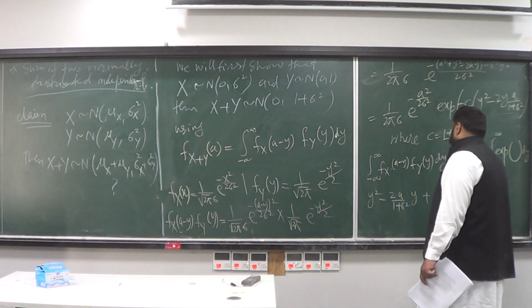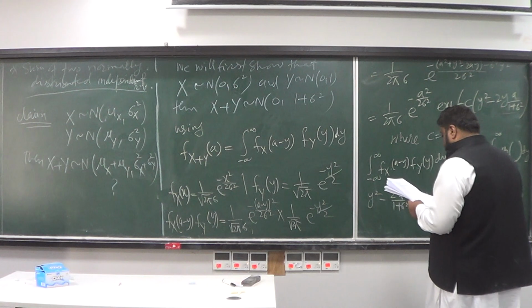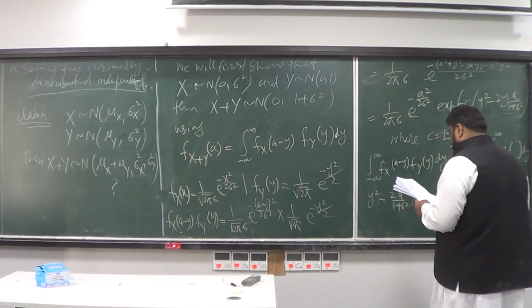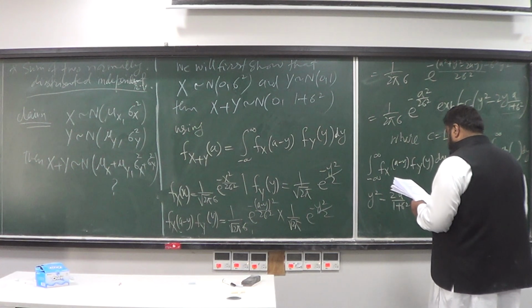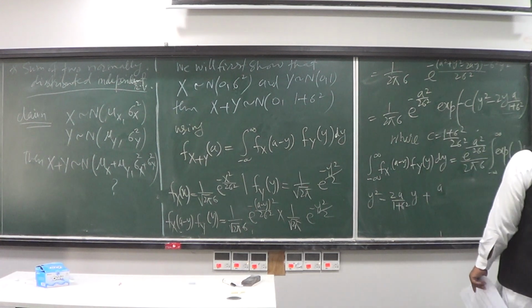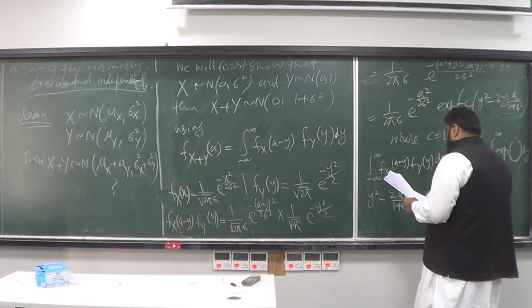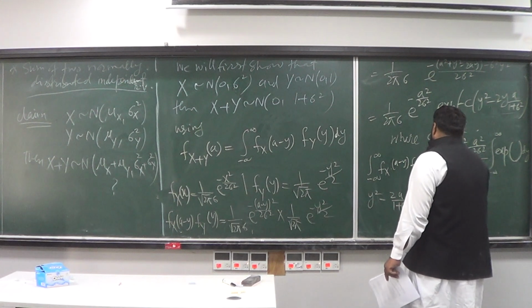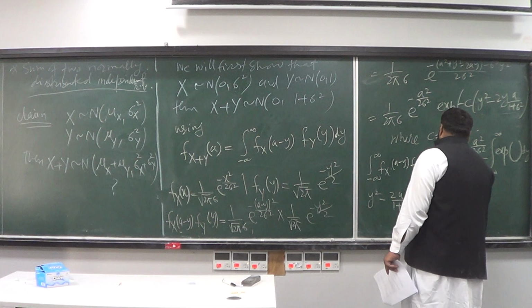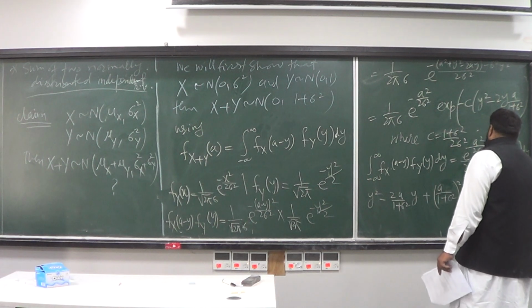We should add a over 1 plus sigma square, squared, and subtract the same.